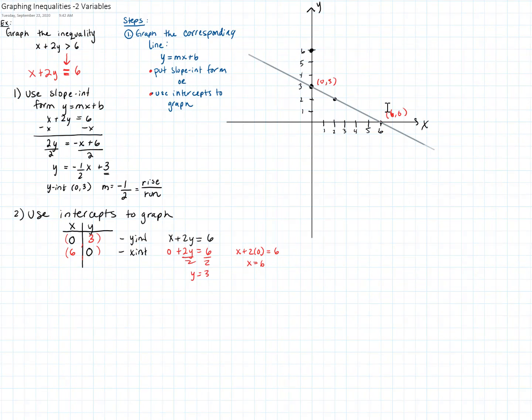Now here is the next step. The next step, after we graph that line, we're going to think about what the inequality is. If it's a strict inequality or if it is an either-or. So is it a strict inequality, meaning is it strictly less than or greater than, or can it also be equal? Can it be greater than or equal, or less than or equal?